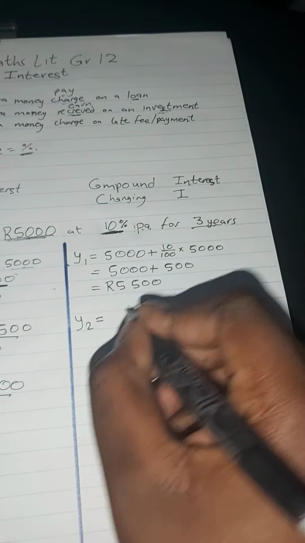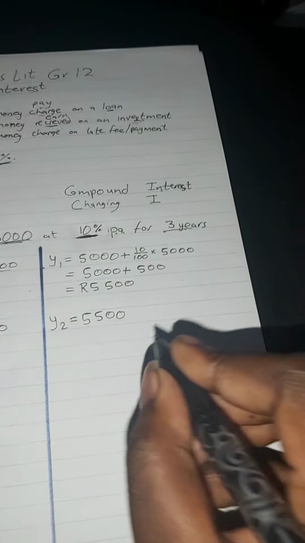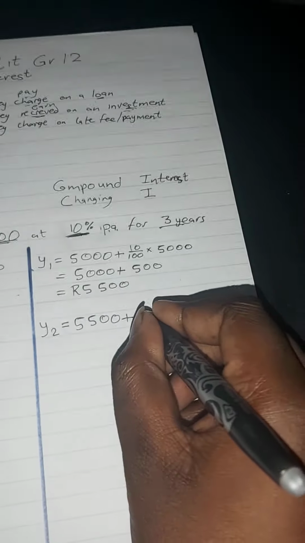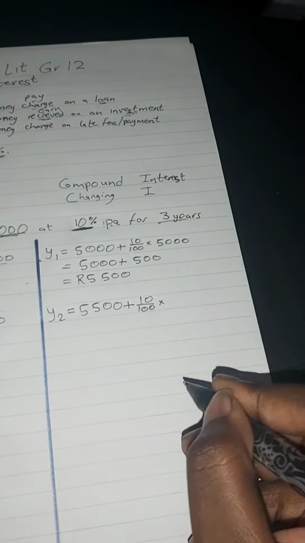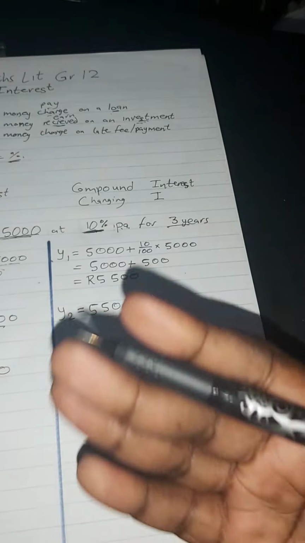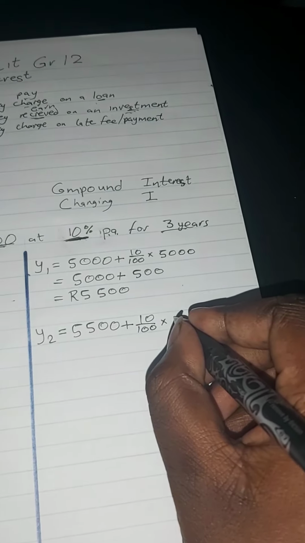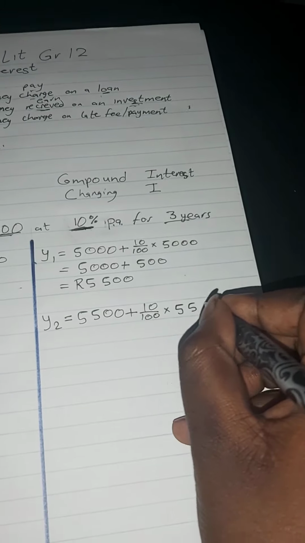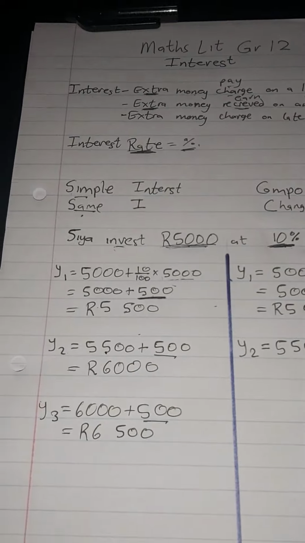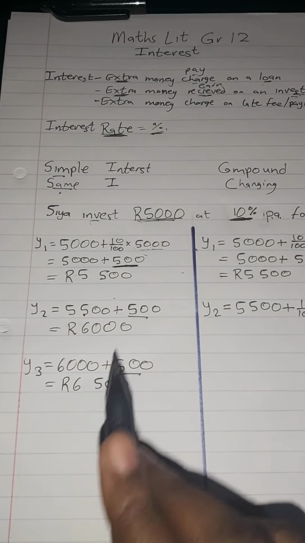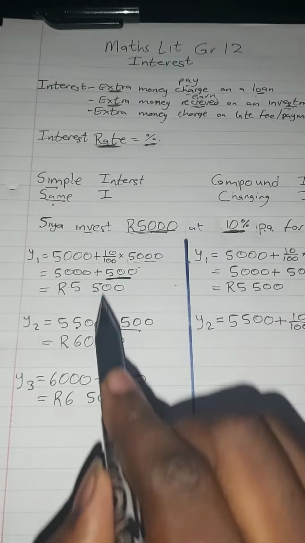Year two, we have 5,500. Now, in compound, it's going to be 10% of what? Not of 5,000 anymore. We said in compound it keeps on changing. So it means now it's going to be 10% of 5,500. We see the difference. In simple, we just add it because it was still going to give us the same 10% of 5,000.